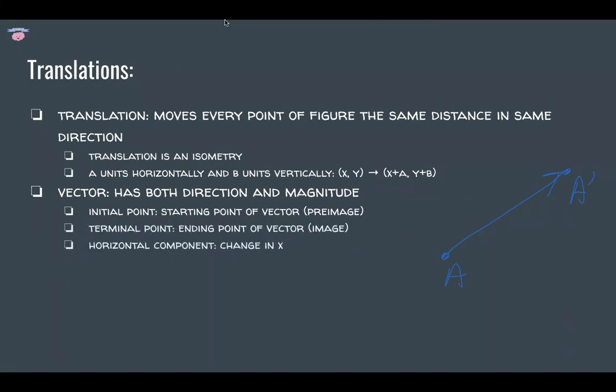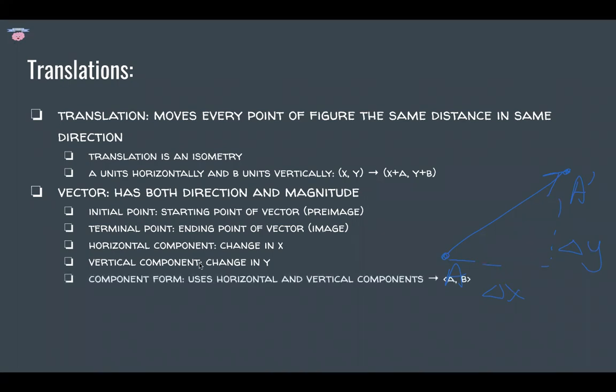The horizontal component is the change in X, and the vertical component is the change in Y. I use delta X. For those of you who are familiar with slope, delta X means change in X, delta Y means change in Y. The component form uses horizontal and vertical components. So A comma B, where A is the horizontal, B is the vertical.